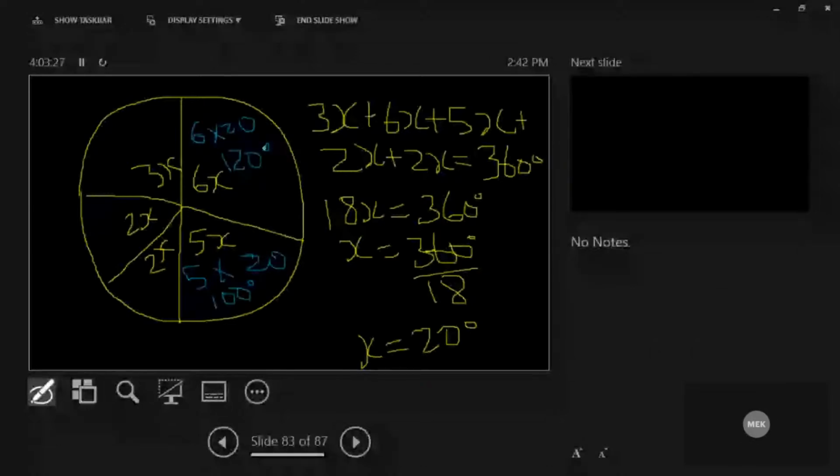This would give 3 times the 20. And that would be 60 degrees. This would give 2 times 20, which is 40 degrees. And this one is the same. So this is also 40 degrees.